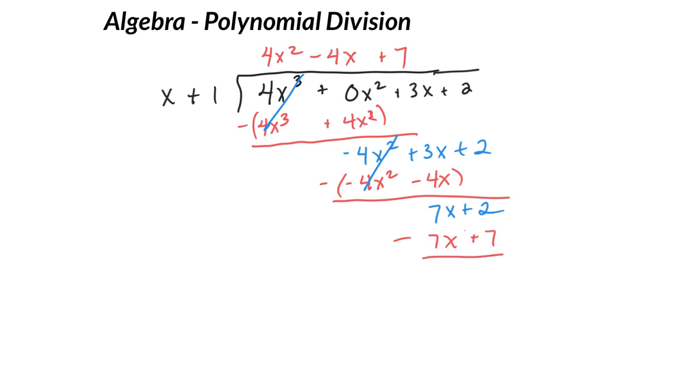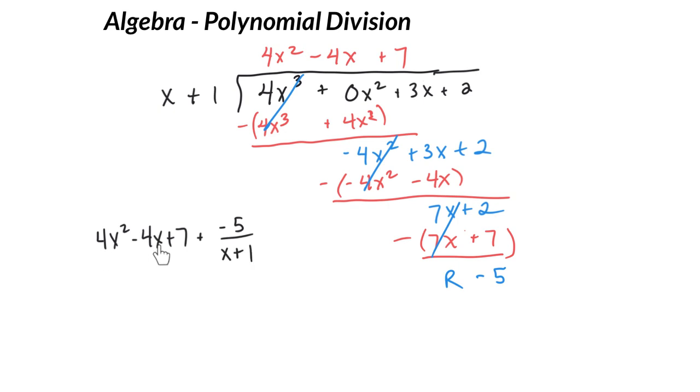Subtract. This is 0. 2 minus 7 is negative 5. That is our remainder. And again, another way we could write this is we could say our answer is 4x squared minus 4x plus 7, and then plus negative 5 over x plus 1, our remainder over our divisor.